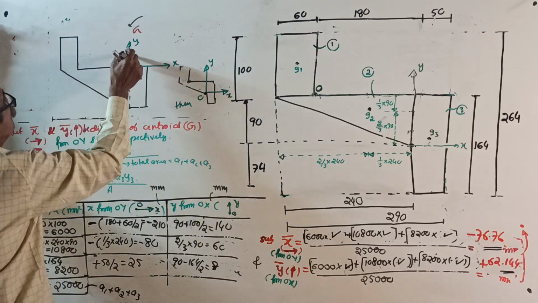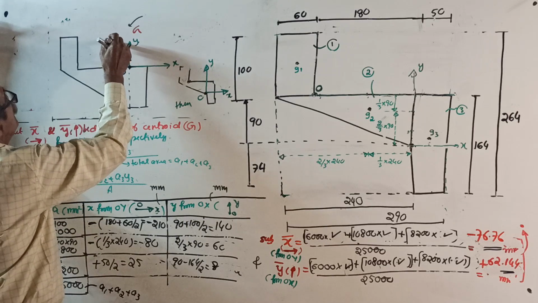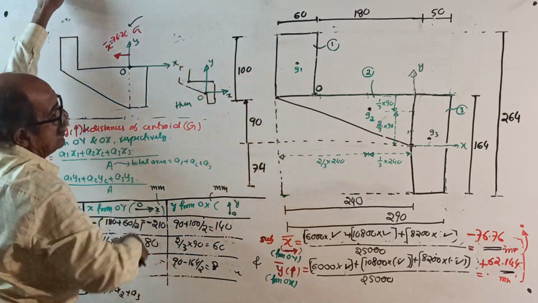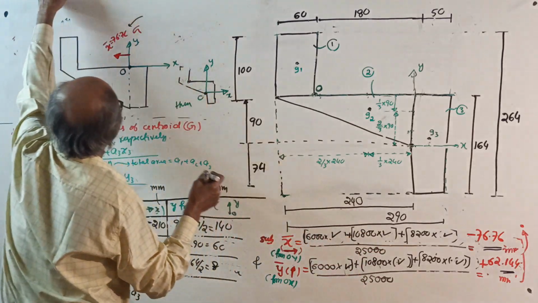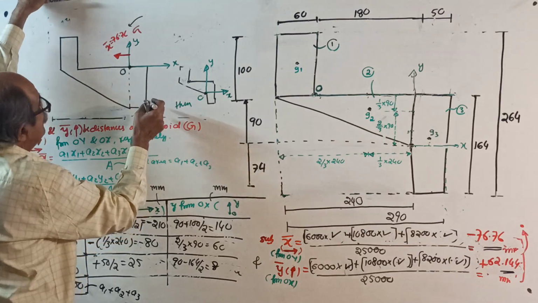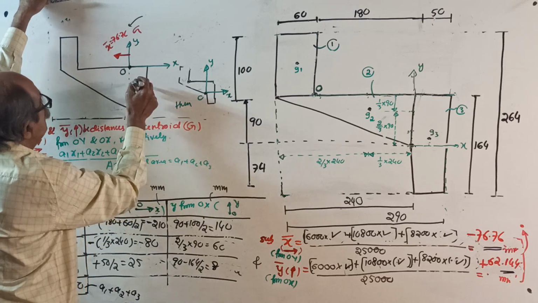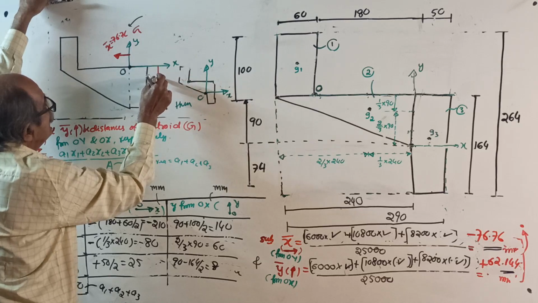Therefore your X bar is to the left side, 76.76. And then Y bar, you took down how much? A very small value, 62.144. 62.144 means it will come, the center of this rectangle is 80 odd, a little above, Y bar this way.